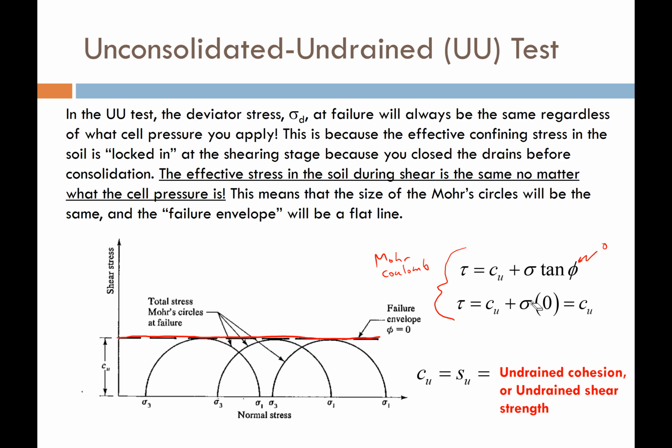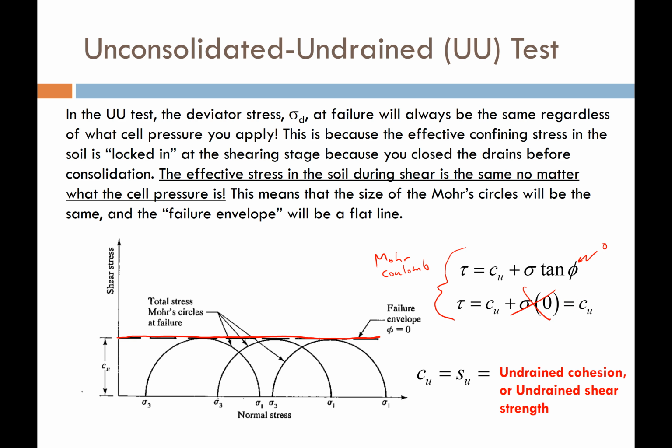And that means that there's basically no friction in the soil. At least that's what the method tells us. We know that's not true in real life, but that's what the method is telling us. So that means that all of the shear strength of the soil comes from the cohesion.